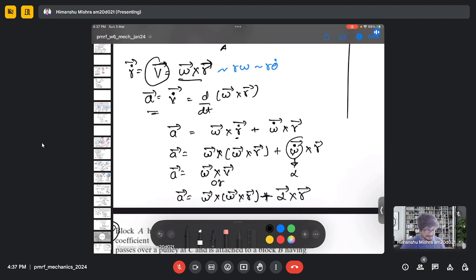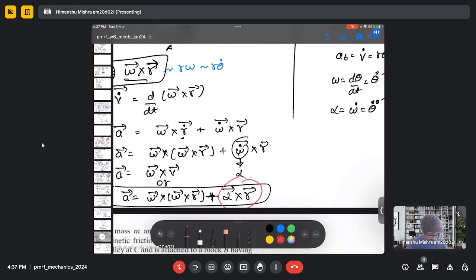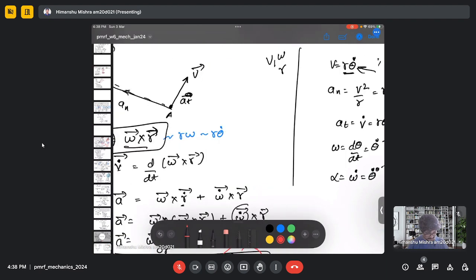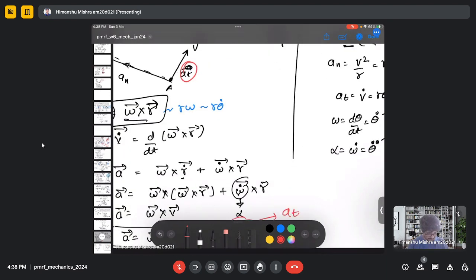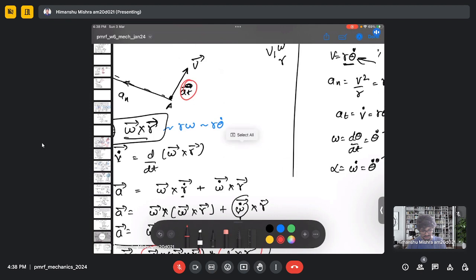So this is your acceleration in vector form that can be useful in higher dimensional geometry. This is your velocity vector and this is your acceleration vector. This part is your tangential acceleration, and this part is your normal acceleration, which is this one.